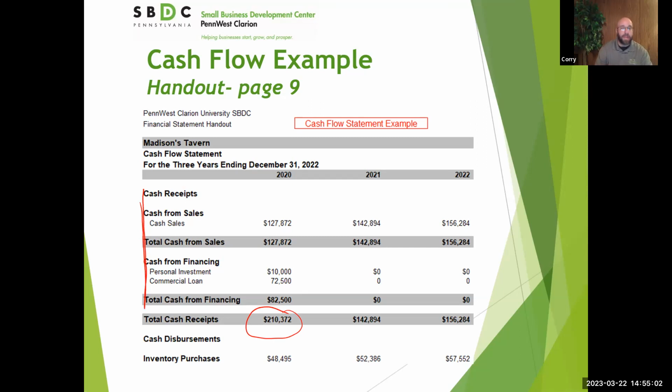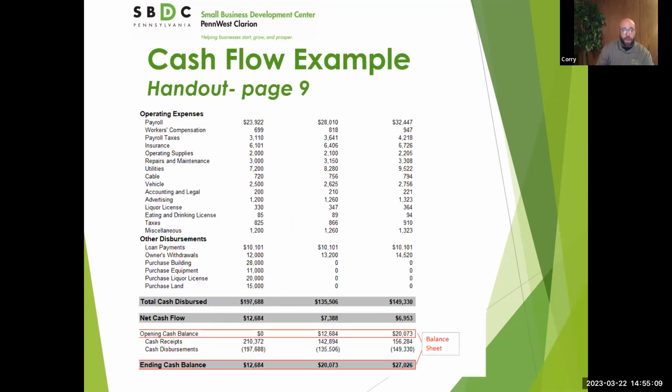And then we take a look at our cash going out. We start with our inventory purchases. This is cash going out. On the next slide, we see all of these expenses, cash going out of our business.